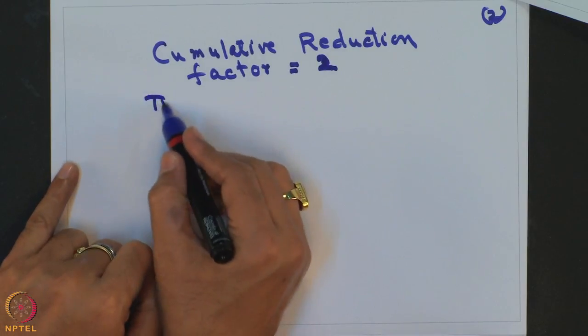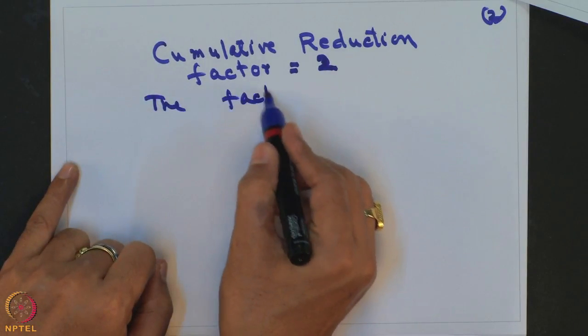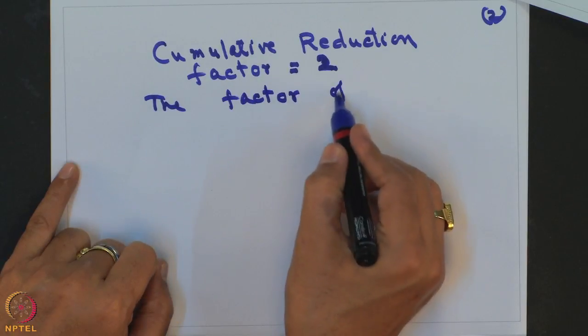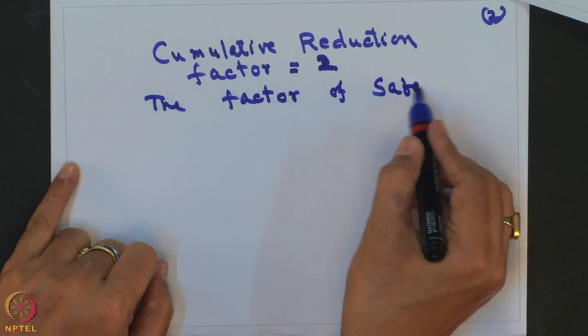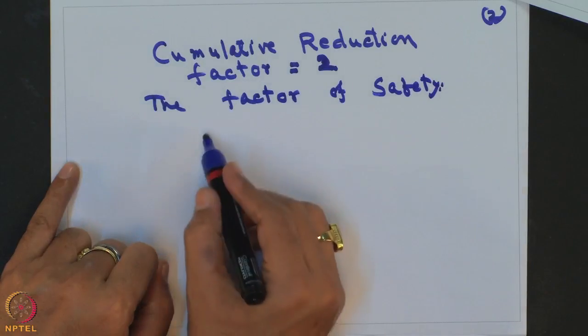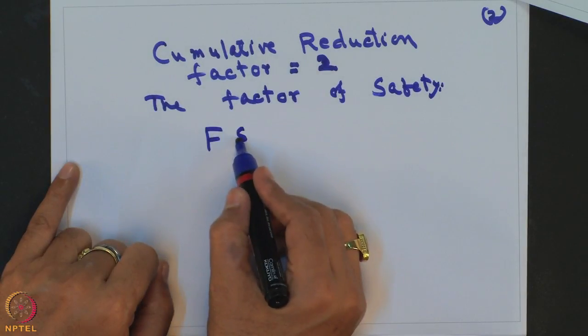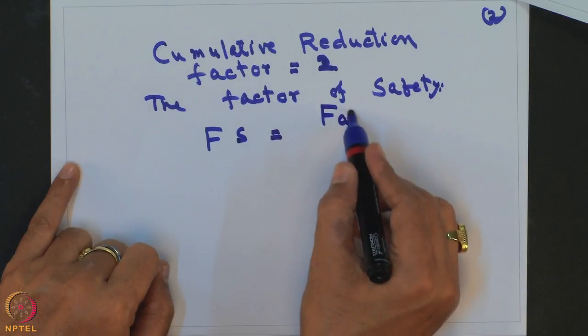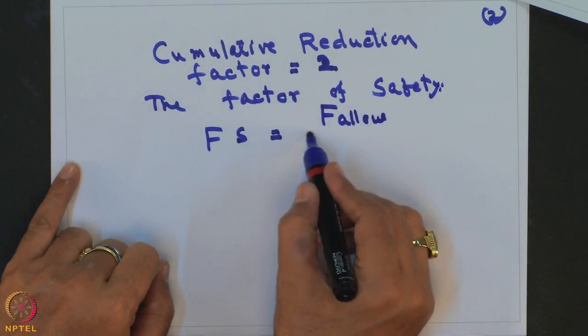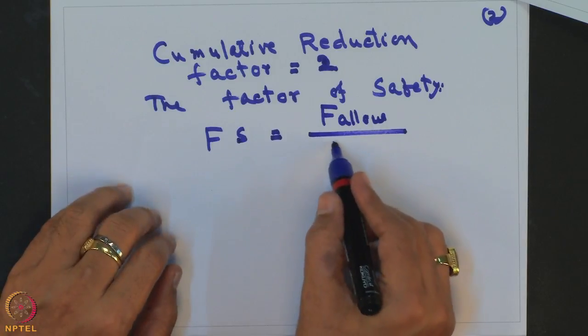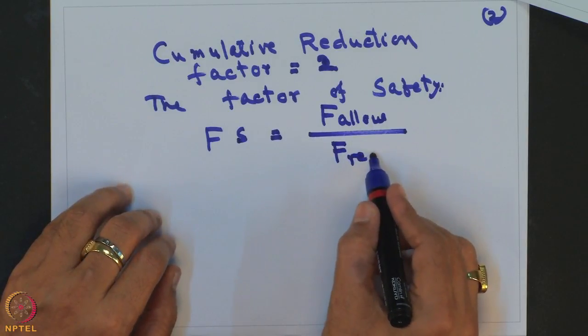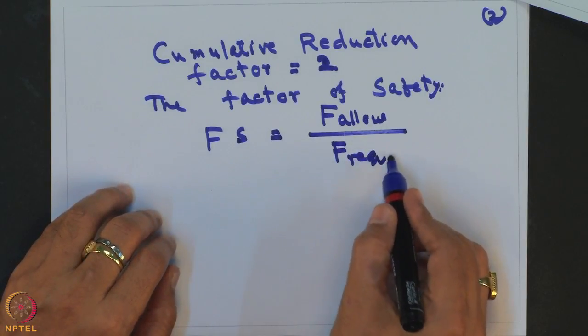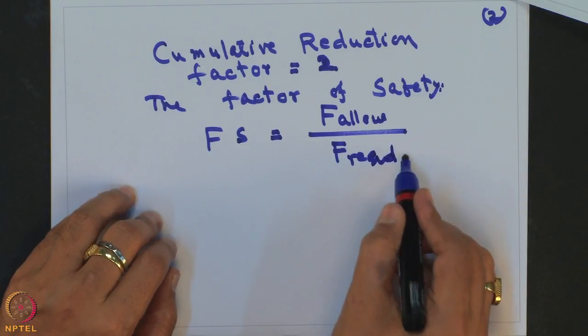So, the factor of safety Fs will be equal to F allow divided by F required.